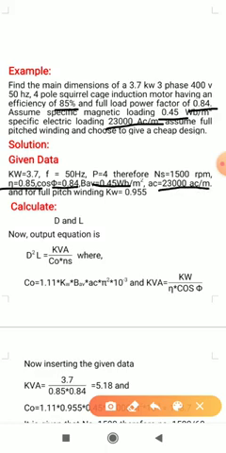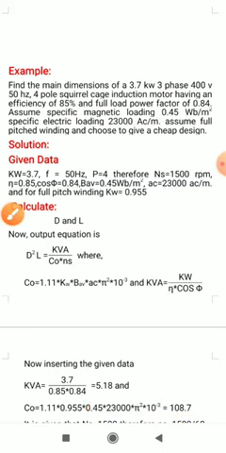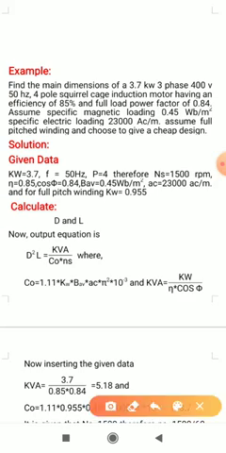Now it is given here an assumption that we need to consider here the full pitched winding, and we know that for the full pitched winding the winding factor Kw is 0.955, so we are taking this value also here, that for full pitched winding the Kw is 0.955.